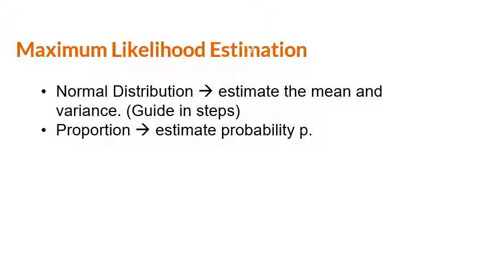So we will have a guide on the steps, and then for proportion, we would attempt to estimate the probability P. We already showed this at the start of the lecture, in the earlier discussion with the table.